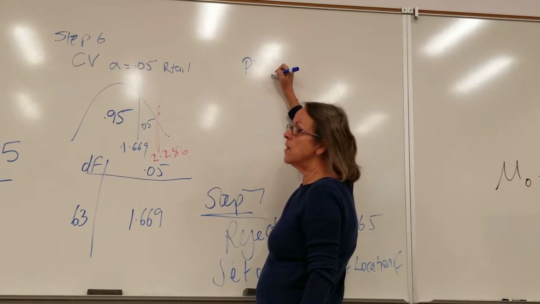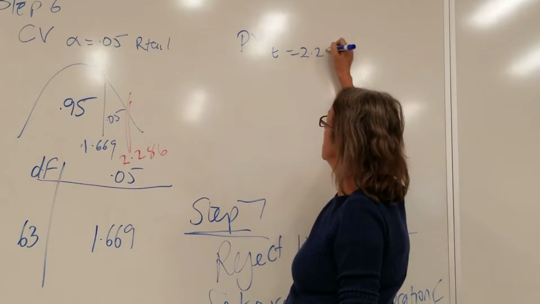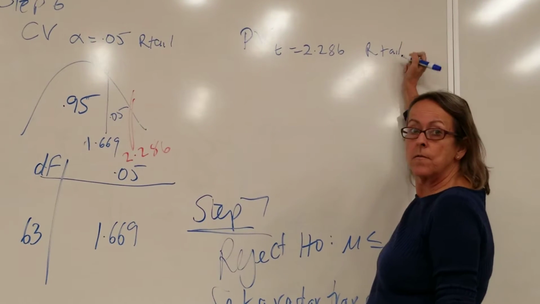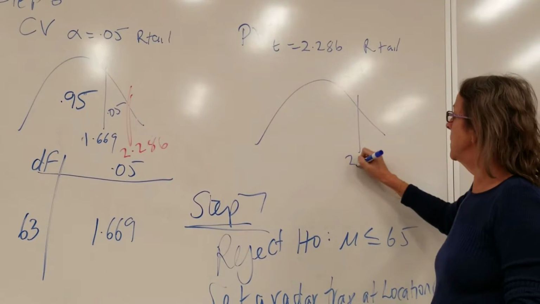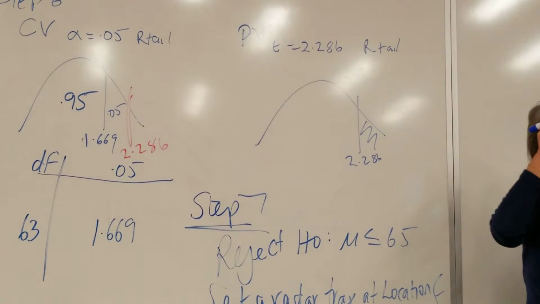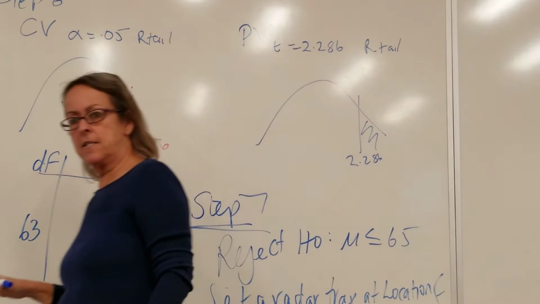What do I need to know for the p-value? The t-score? That t is 2.286 and that it's a right tail. Agreed? So I want to know what's this area here. It's a little trickier with a t-score.